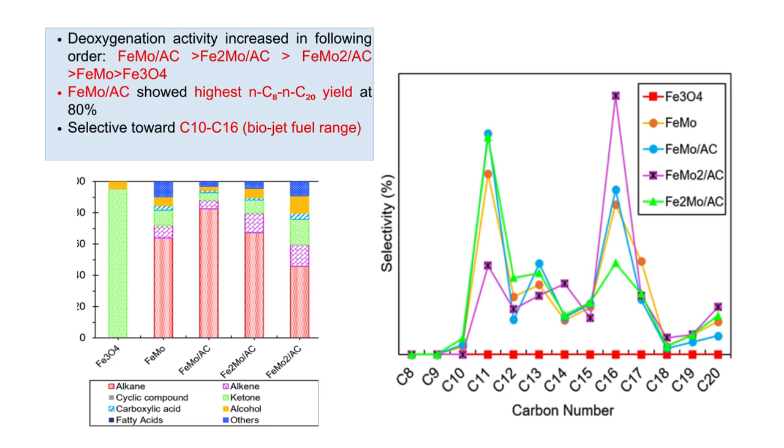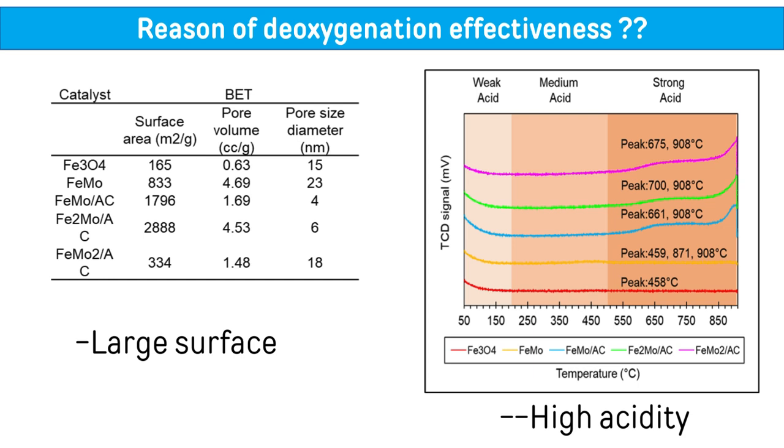From the hydrocarbon distribution graph, we can see that catalyst FeMo supported on activated carbon possesses the highest percentage of deoxygenation. We can say that the reason of deoxygenation effectiveness owes to the large surface area of the FeMo supported on activated carbon catalyst.